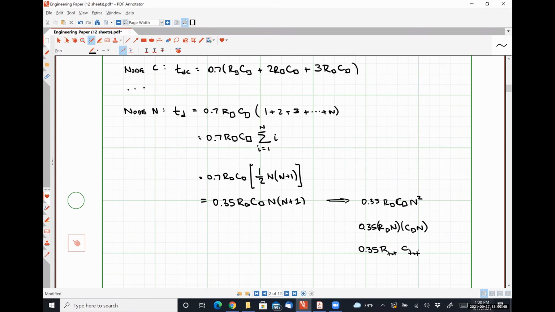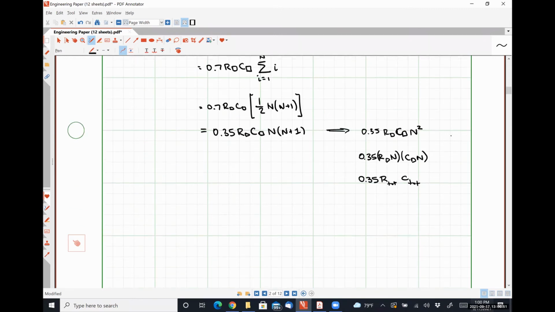We could follow a very similar derivation and get a distributed rise time for this same network, TR, of 1.1 R square C square times n plus 1, where again, we wind up using the same arithmetic series and all that kind of stuff to explain everything.